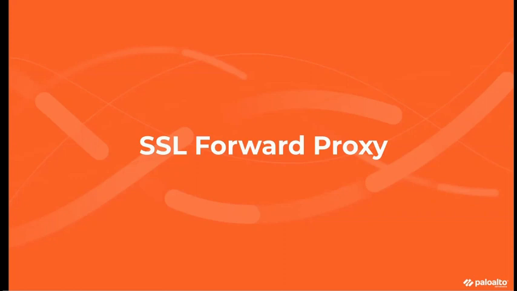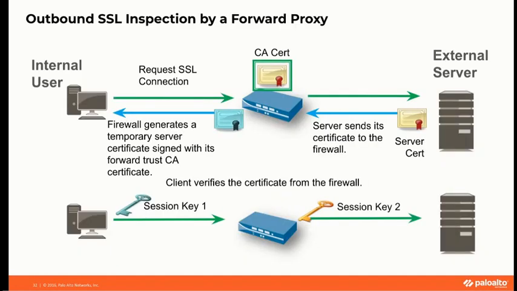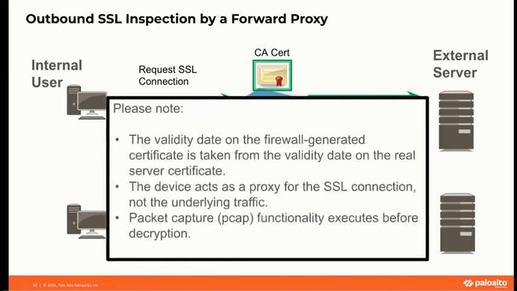Let's now have a look into the SSL forward proxy. Prisma Access is configured to decrypt the SSL traffic going to external sites and functions as a forward proxy. In this scenario, the firewall intercepts the client SSL certificate request.